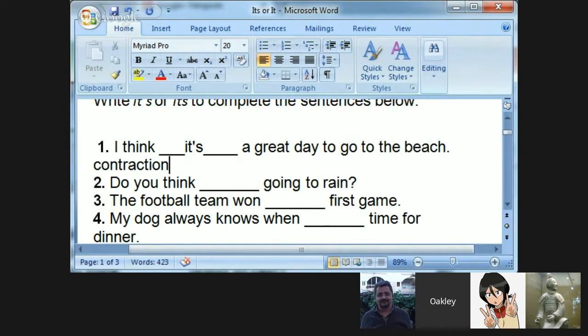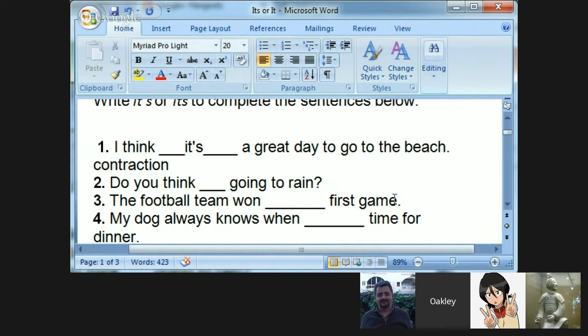Contraction. Yes, it is a contraction. That is correct. You're absolutely right, because is it it is or it has? It is. Yes, you are absolutely correct. No problem.